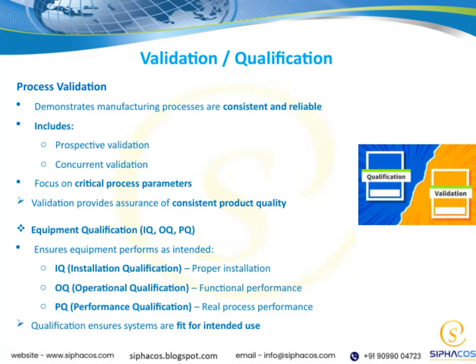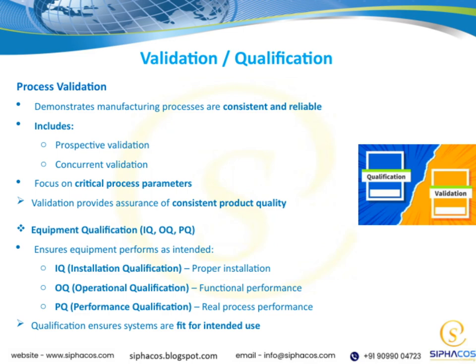Now, let's talk about equipment qualification, which includes IQ, OQ, and PQ. These are essential steps to ensure that our equipment performs exactly as intended. First, we have IQ, or installation qualification, which confirms that the equipment has been installed properly according to specifications. Next is OQ, or operational qualification, where we verify that the equipment functions correctly and performs its intended functions during operation.